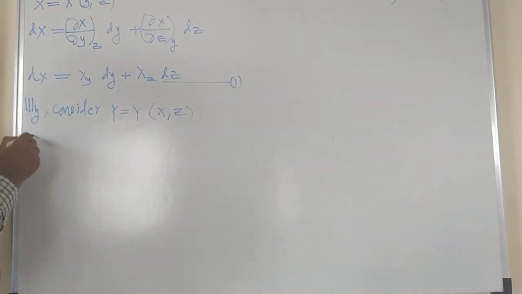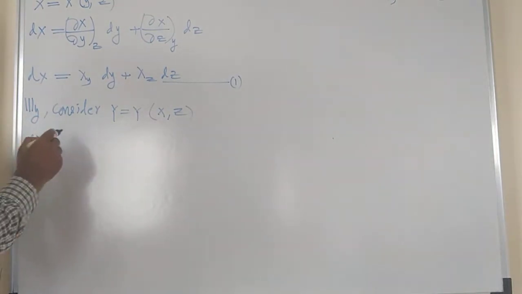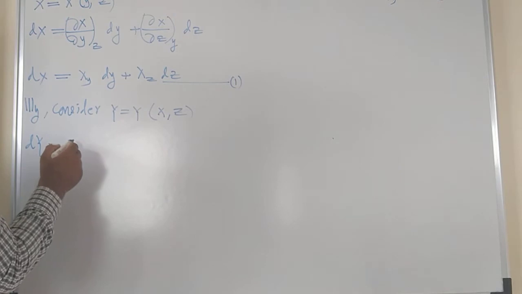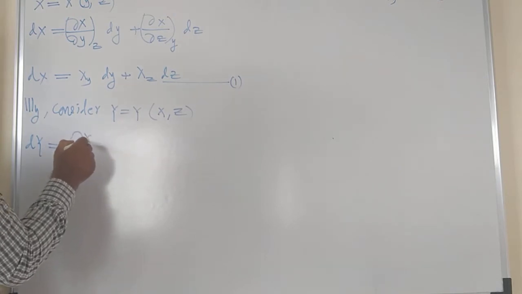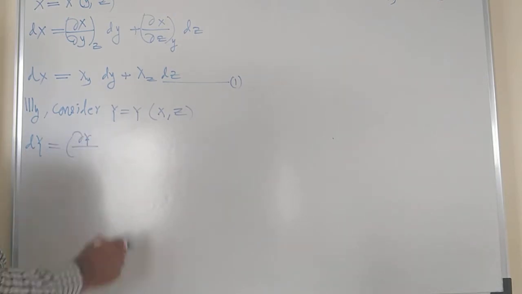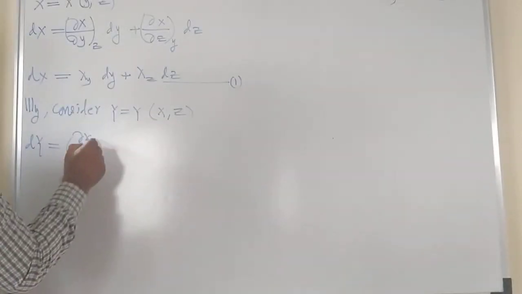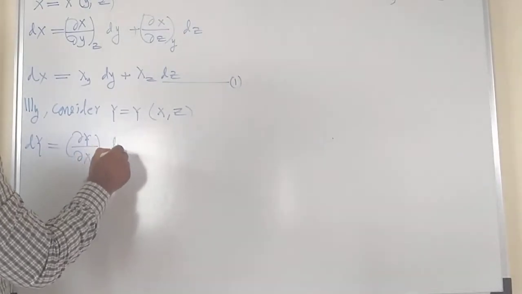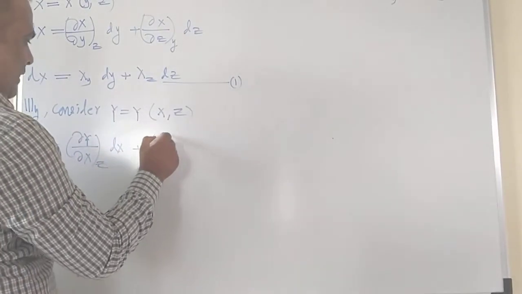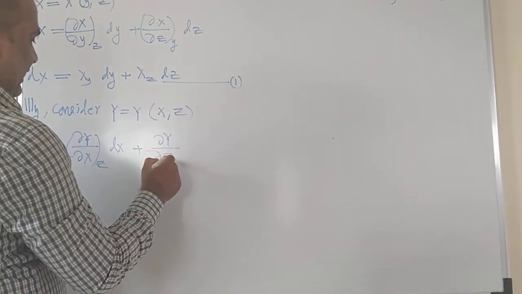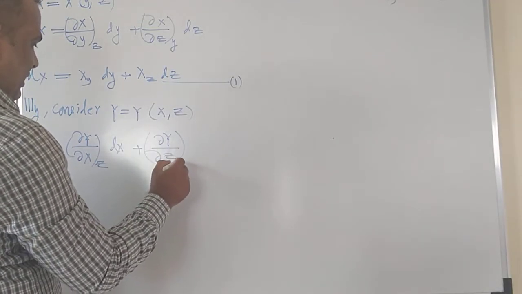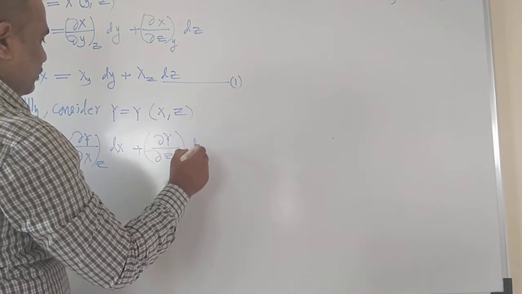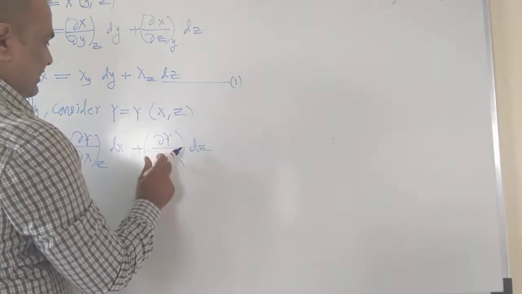If y is a function of x and z, then the total differentiation is written as dy is equal to the differentiation of your function with respect to the first variable, dou y by dou x when the other variable is constant into dx, plus dou y by dou z, differentiation with respect to the other variable when the first is constant, into dz.